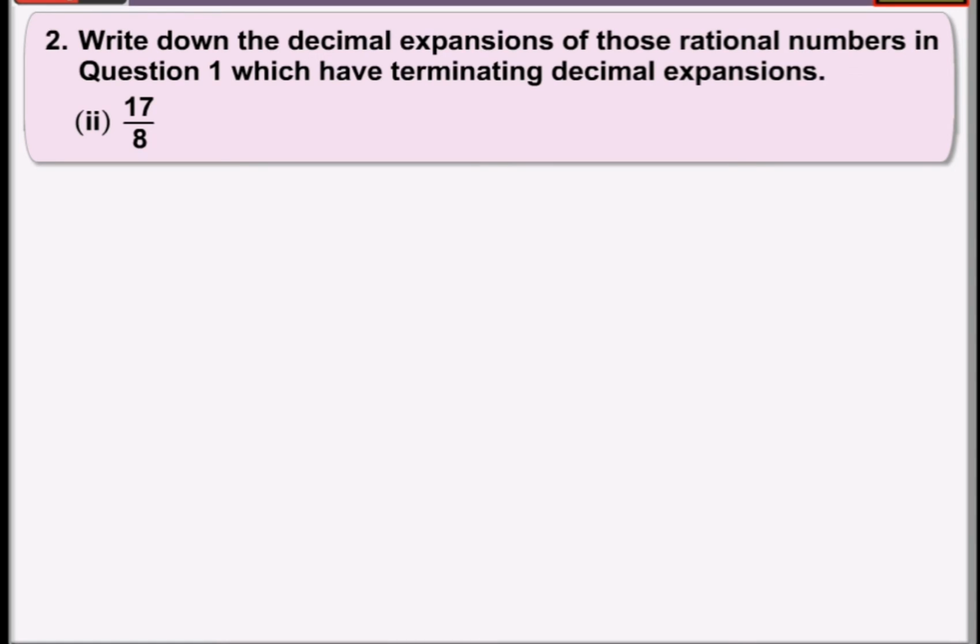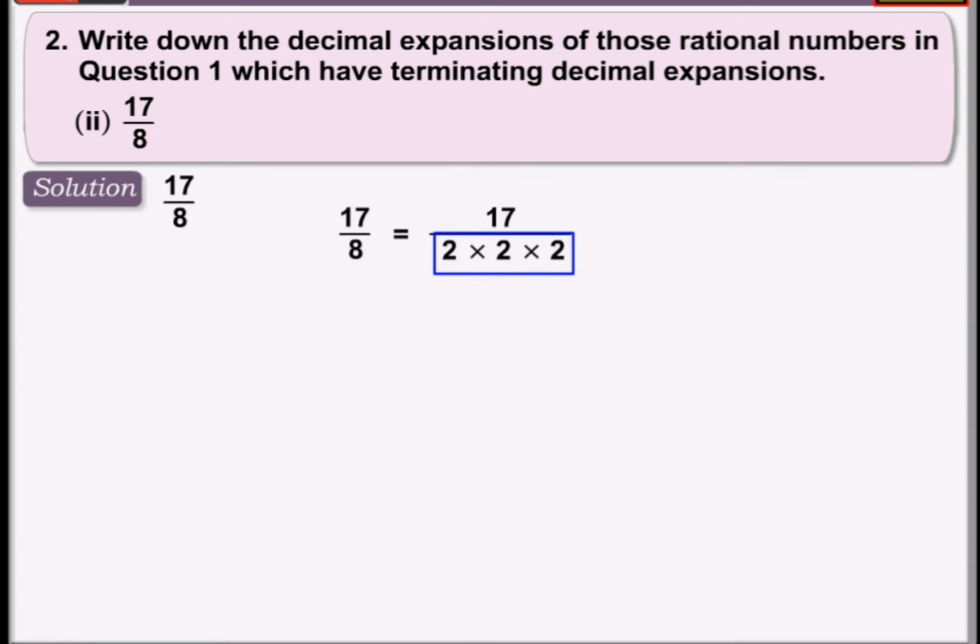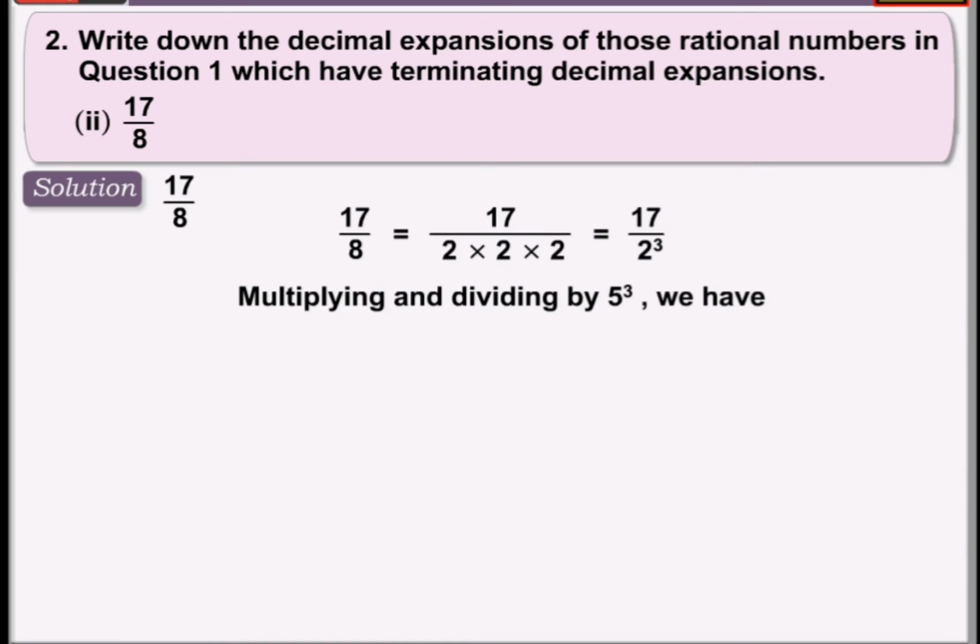Number 2, 17 upon 8. Solution. 17 upon 8. Now 17 upon 8 is equal to 17 upon 2 into 2 into 2. That is 17 upon 2 cube. In order to rationalize the denominator, let us multiply and divide by 5 raised to power 3.